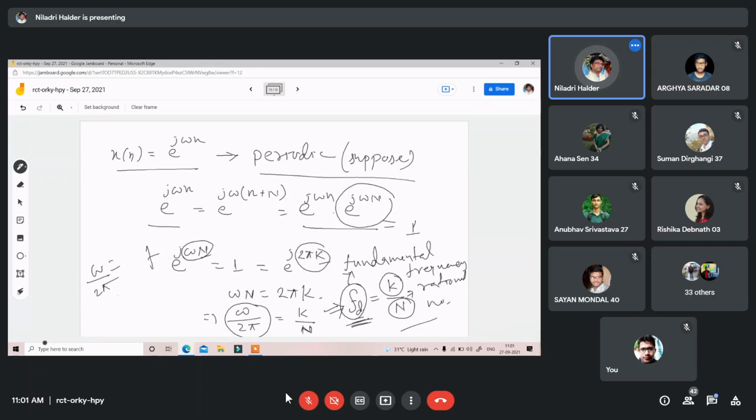And here the fundamental period is defined as capital N. That capital N is the period.